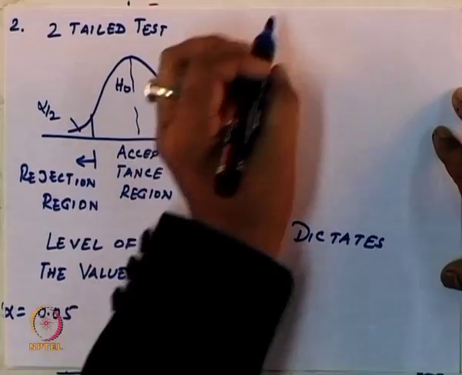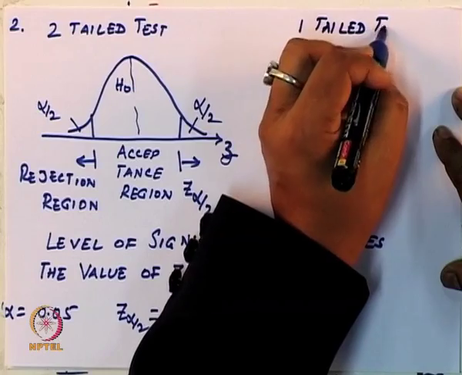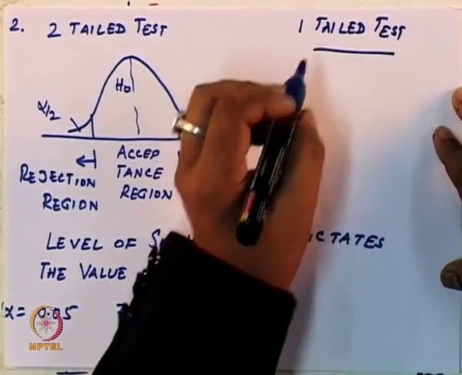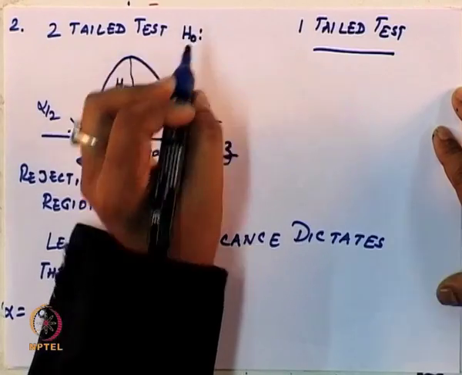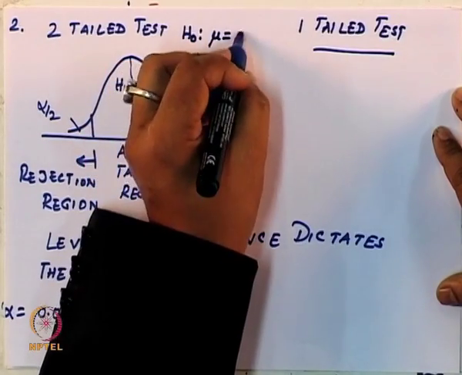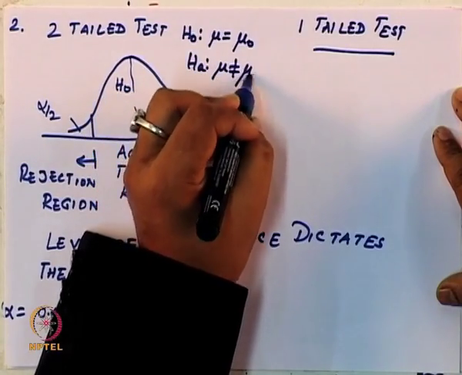And for the one tail test, here in case of two tailed, my null hypothesis is mu is equal to mu naught and HA is mu not equal to mu naught.